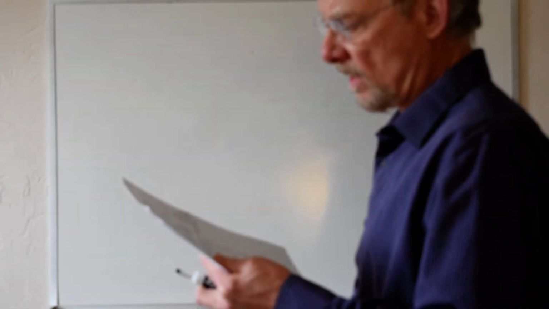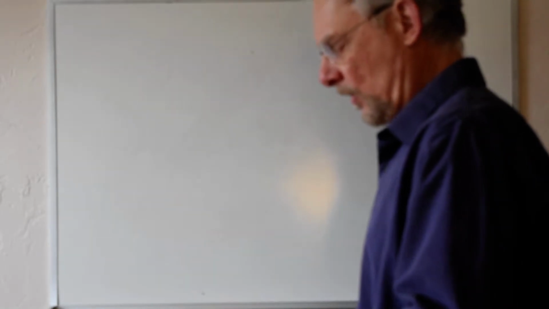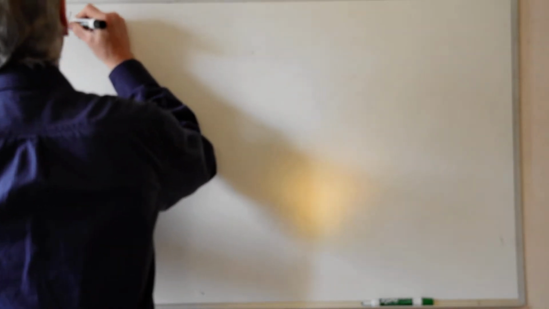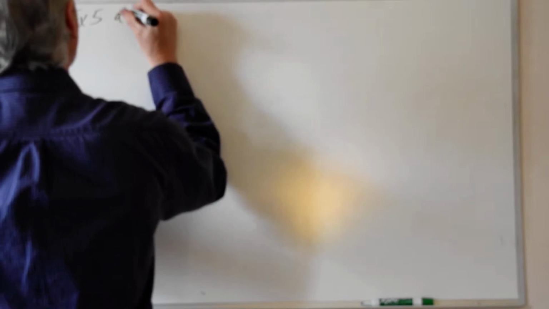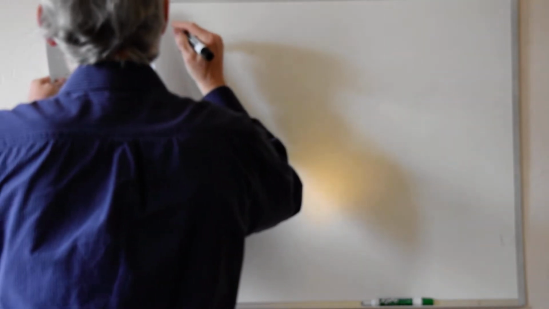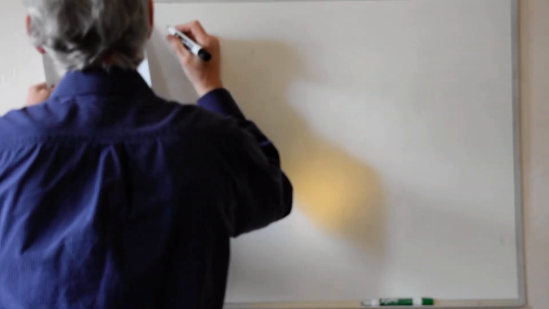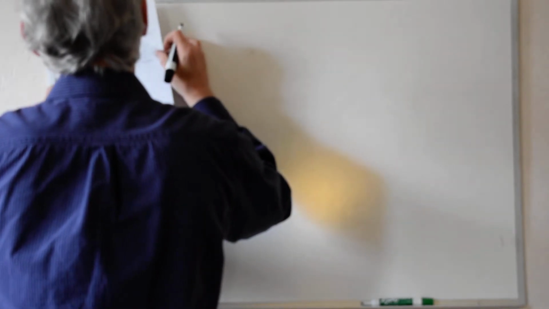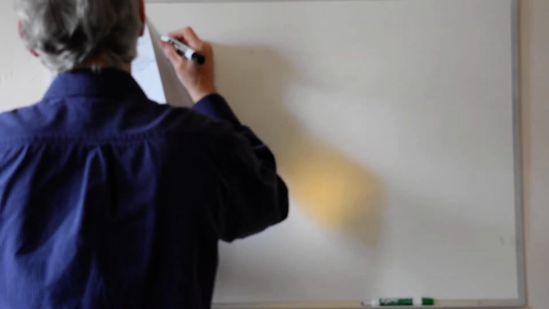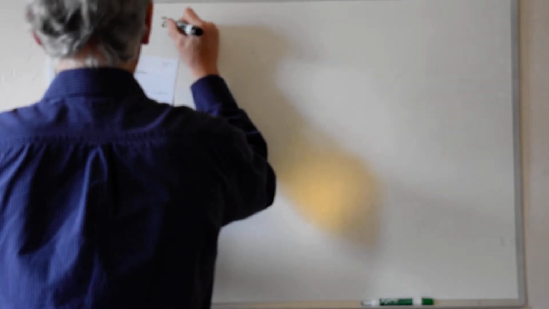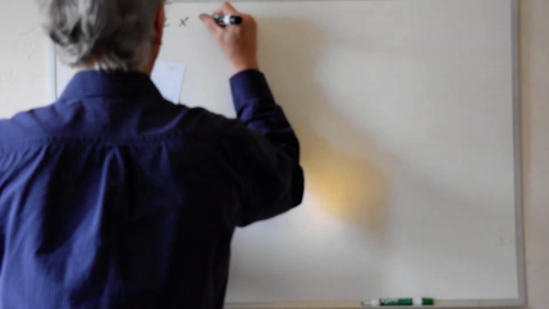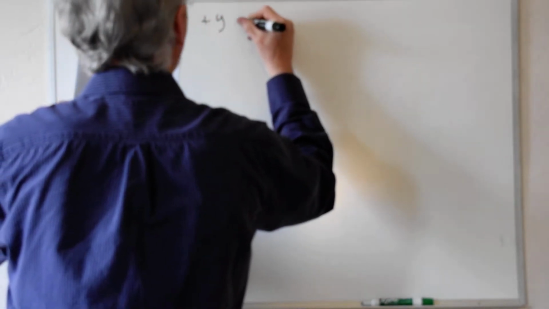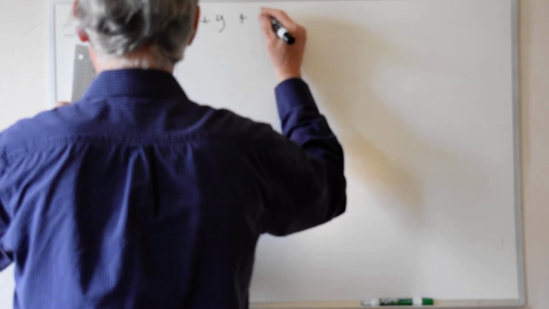All right. In this example, in part A, we are given a linear equation in 3 variables. Actually, let me read the problem in the book.